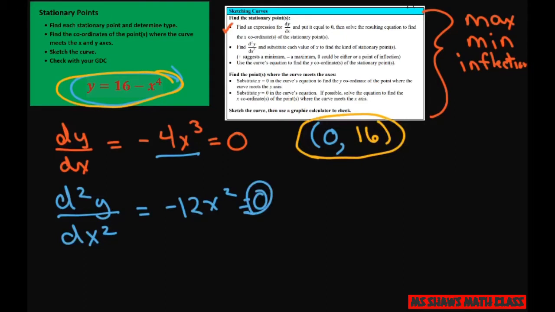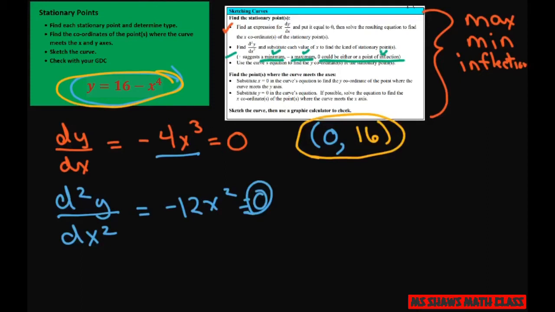So that suggests that since the derivatives are both 0 for the gradient, it could be an inflection point. So our thing is, if we have a positive, it suggests a minimum, negative a maximum, and 0 could be either a minimum, a maximum, or an inflection point.